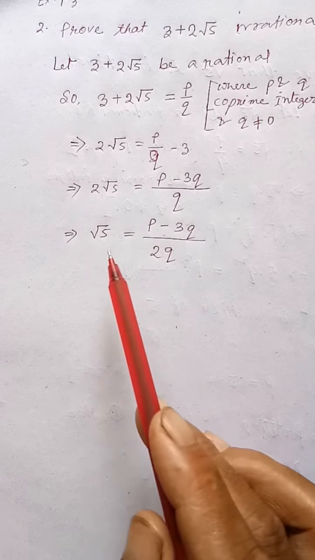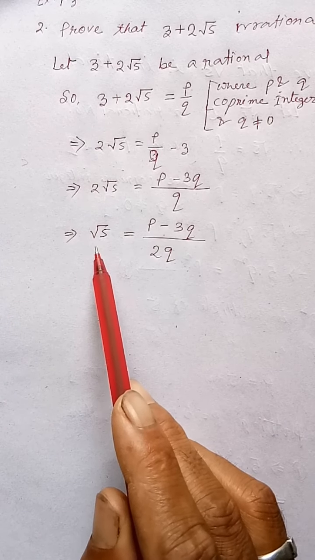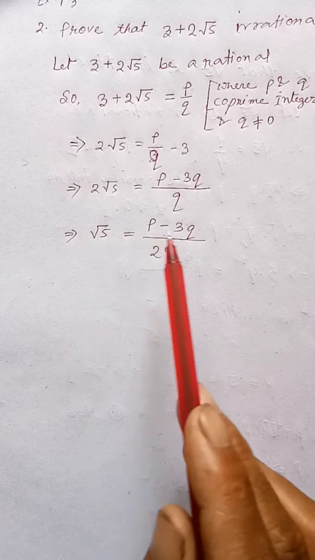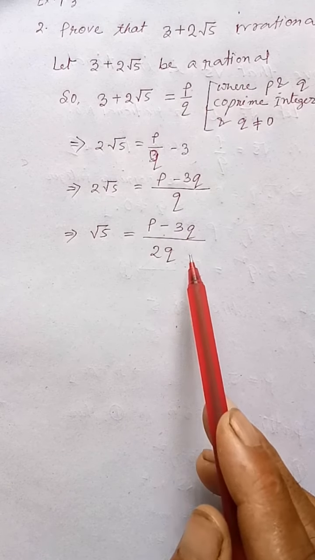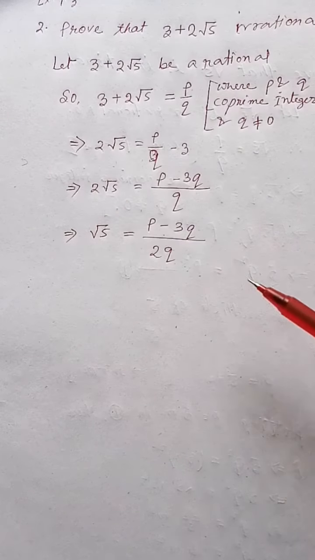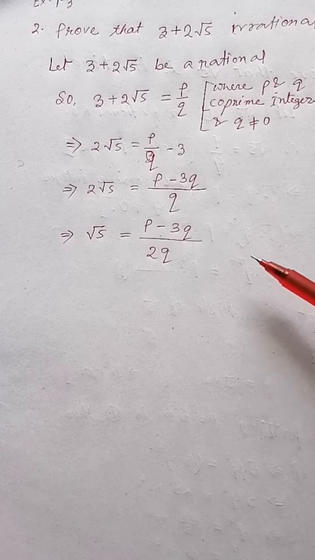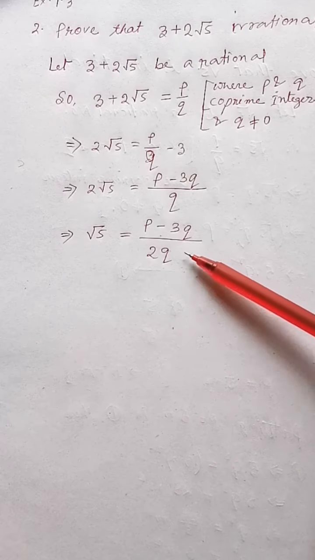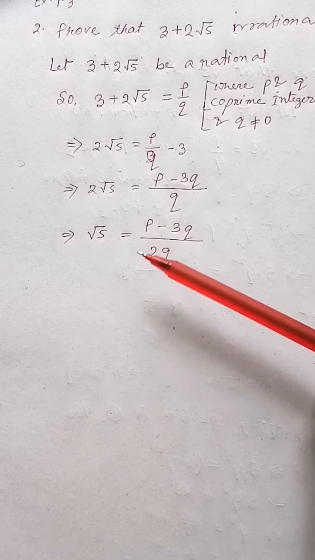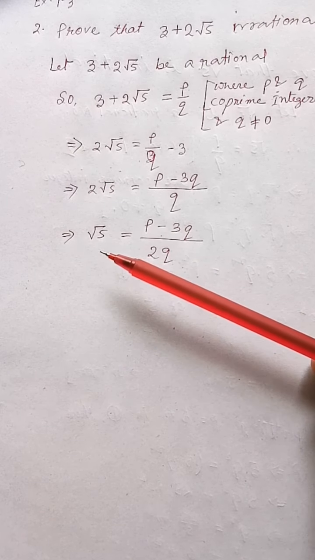But we already know that root 5 cannot have a rational value. So it is a contradiction, because it contradicts that root 5 is irrational.